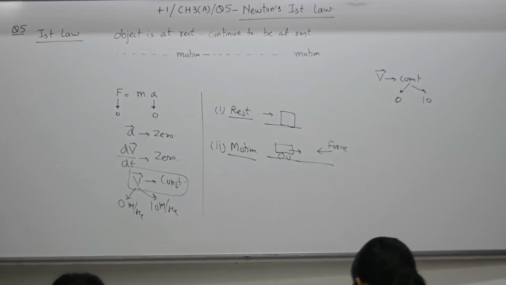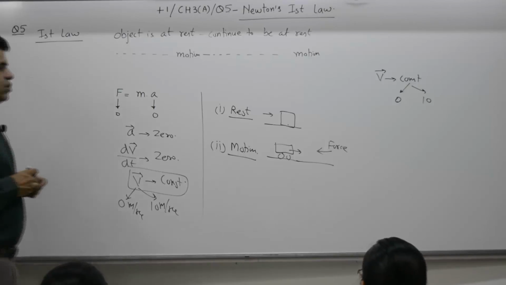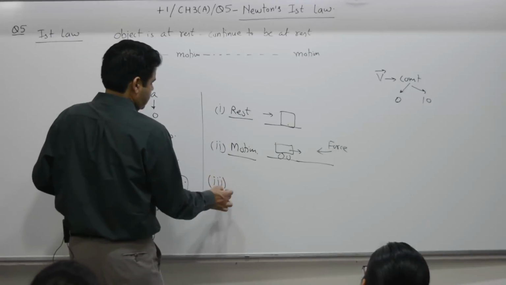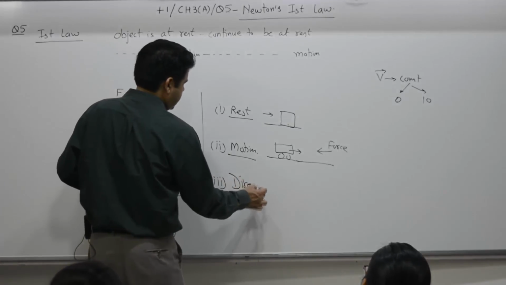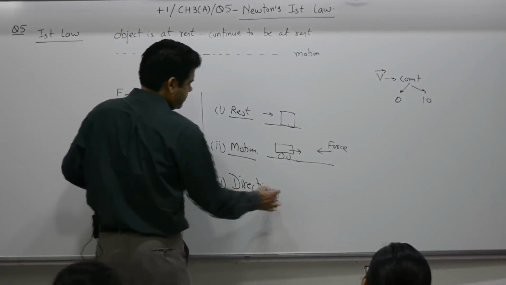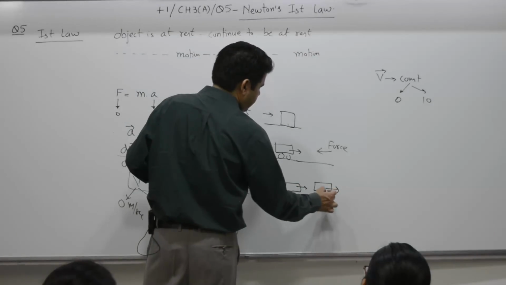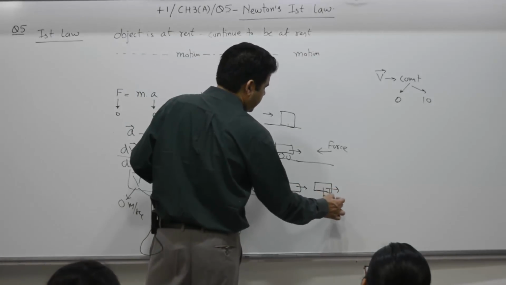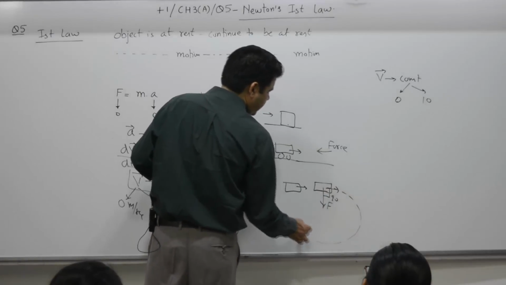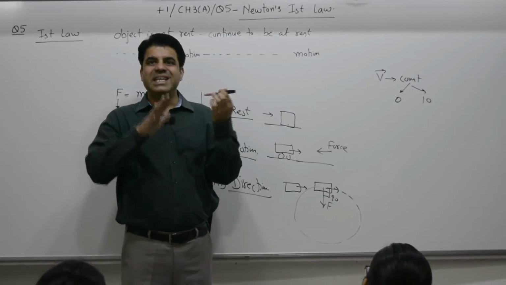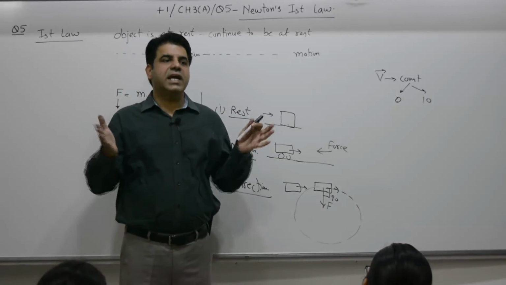Third is direction. If a body is moving in a straight line, you can change its direction by some external agency. Apply a force in, say, the perpendicular direction, and the object starts moving in a circular motion. So an object moving in a particular direction cannot change its direction on its own.